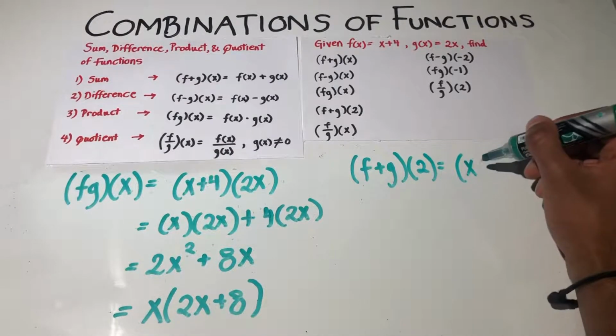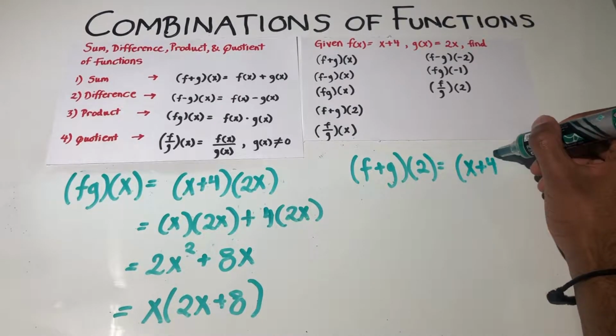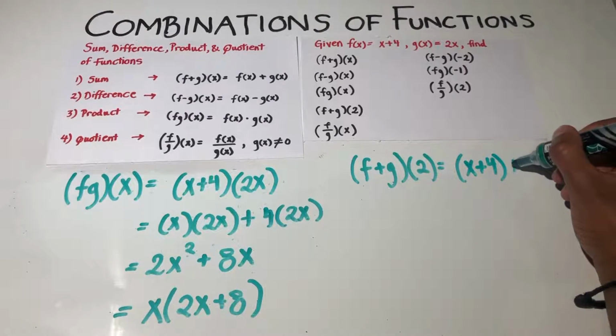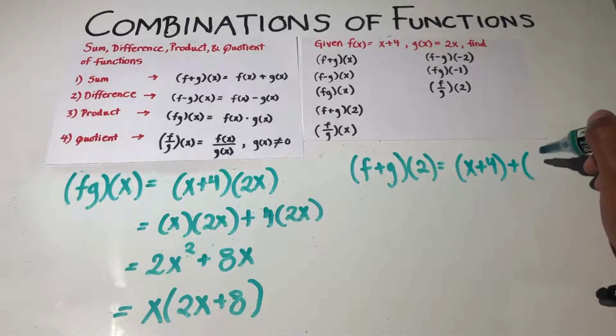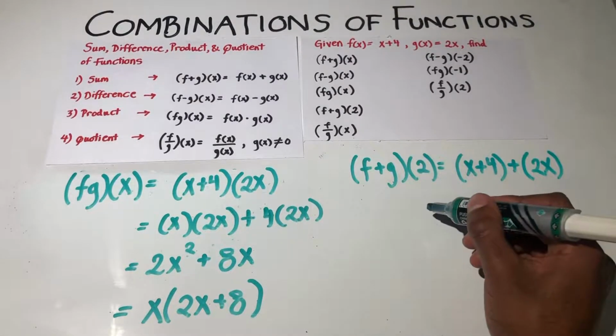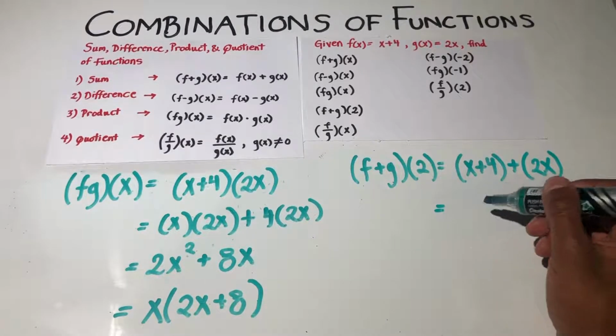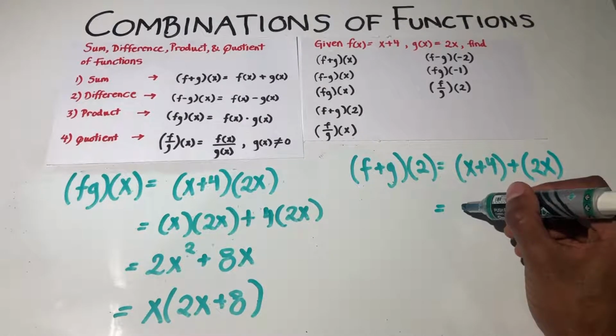But I like to write the whole expression out first. So x plus 4 plus 2x. And if you go ahead and substitute, you can break it down first, or you can substitute. It's really up to you.